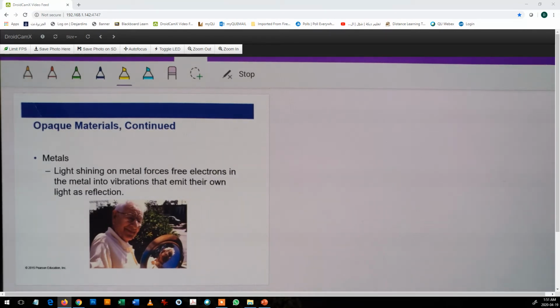For metals, light shining on metal forces free electrons in the metal into vibration, and then they will emit their own light as reflection.